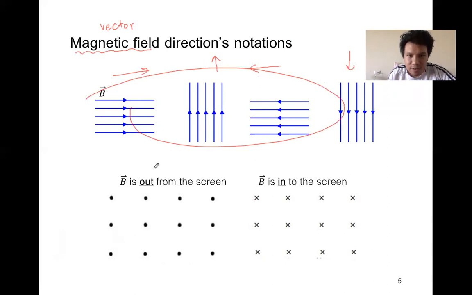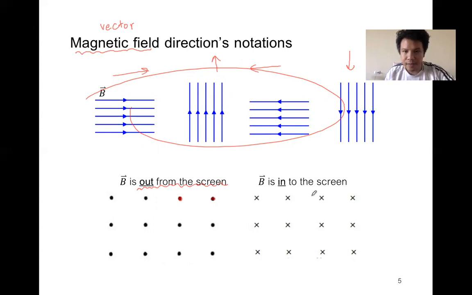But sometimes I want to mention a magnetic field in the direction that is out of the screen, just pointing towards you from the screen, and we use the dot to define that direction.